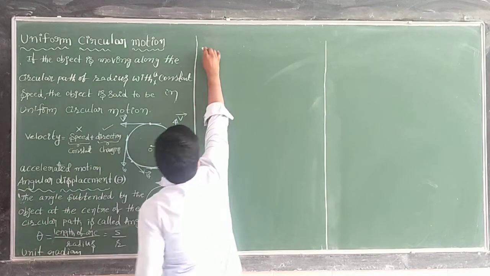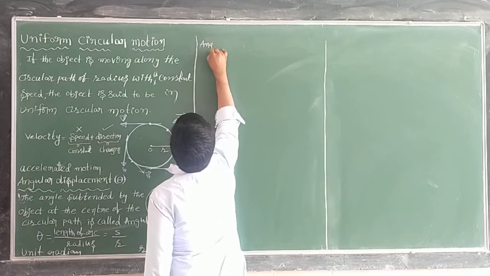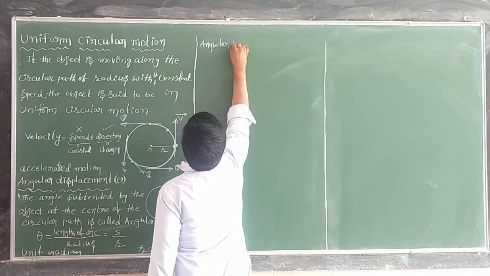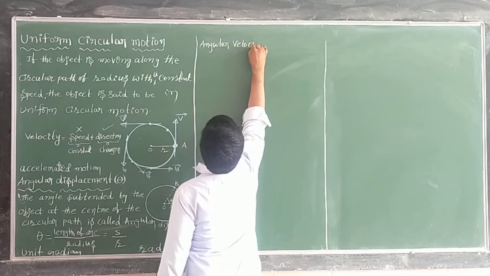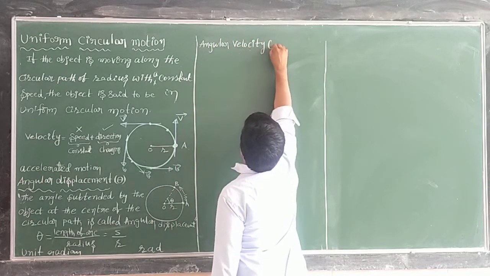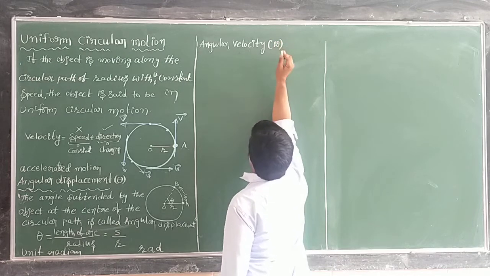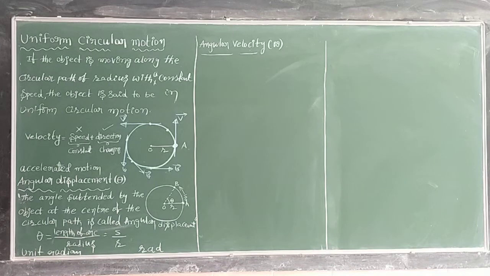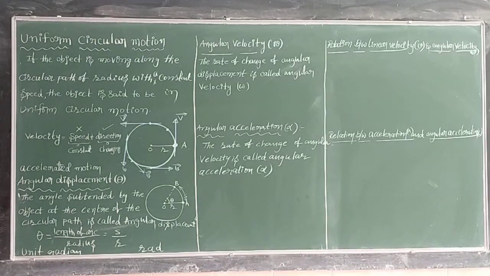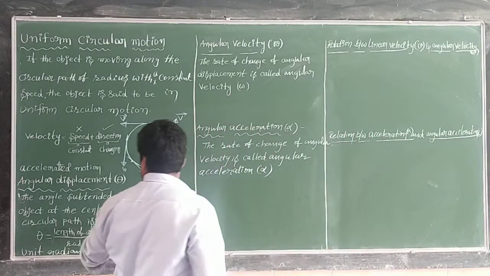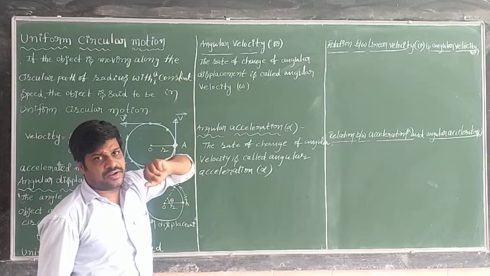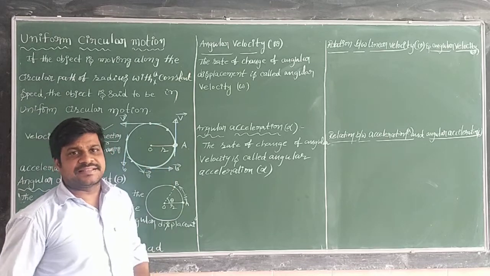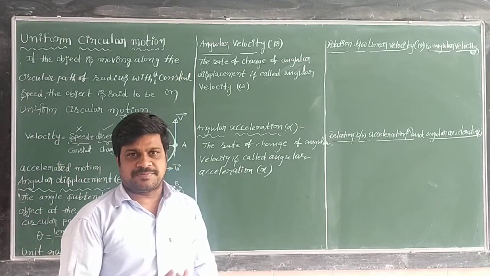Now afterwards we have angular velocity. Angular velocity is denoted by omega. Velocity is the rate of change of displacement.